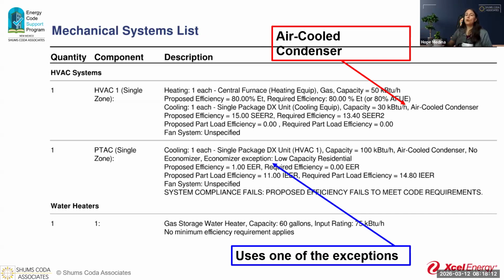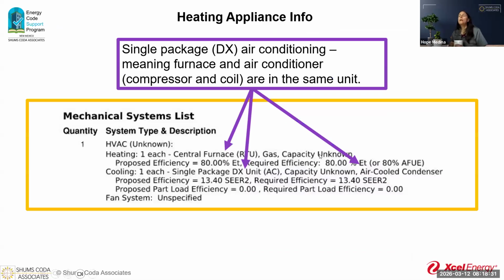So I just wanted to show you, here's one that is calling out an air economizer. And then here is one that is talking about the exception, or the air-cooled condenser. And then here's the one utilizing the exception. Now, the one thing I did want to bring to everybody's attention is the single package DX.